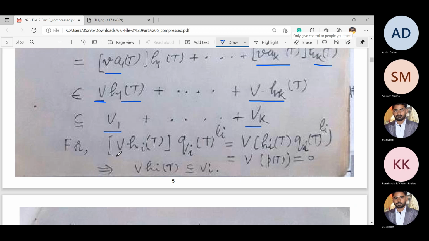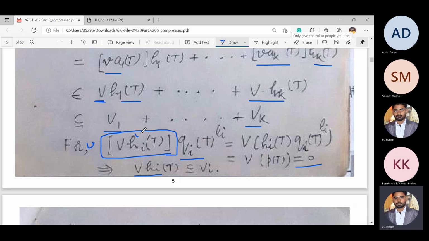Now for v hi(T) qi(T) to the power li, we get v hi(T) qi(T) to the power li equals v times 0, which is 0. This implies that if we assume this vector v hi(T) as a small v, as defined above, and operate qi(T) to the power li, then it becomes 0.